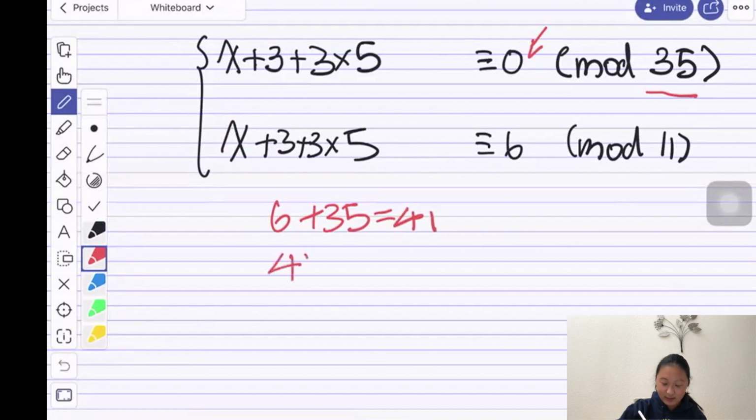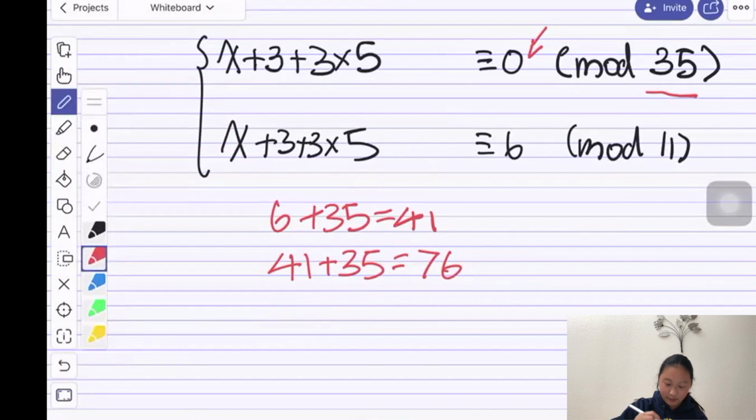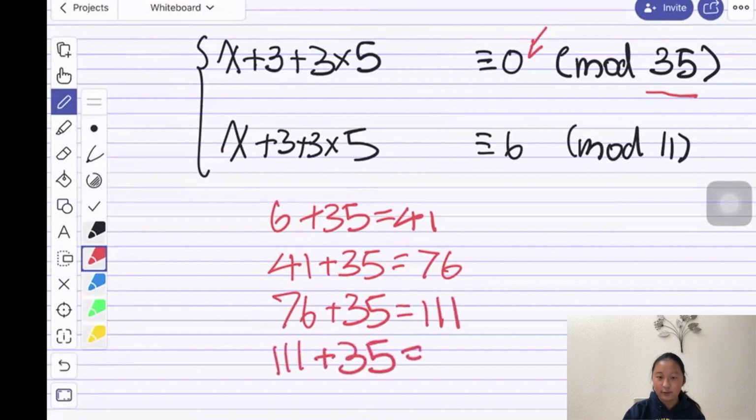Then we add another 35 and we get 76. 76 is still not a multiple of 11, so we're going to add another 35 to that, and we get 111. If we tried to keep adding more, it would take a really long time to get the right number. If we did 111 plus 35, we'd get 146, and that's still not a multiple of 11.